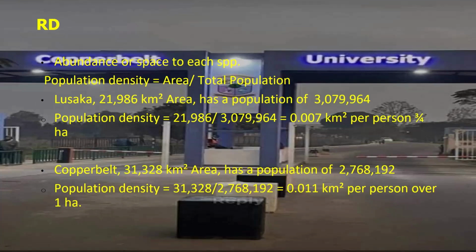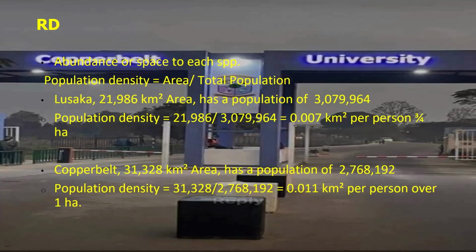For example, Lusaka has a size of 21,986 square kilometers. That's the total size of Lusaka province. And it has a population based on the last census of 3,079,964. So the question is, how do we calculate the population density?